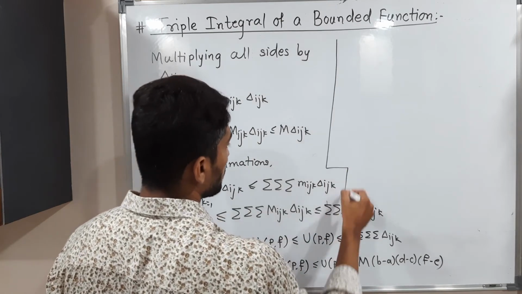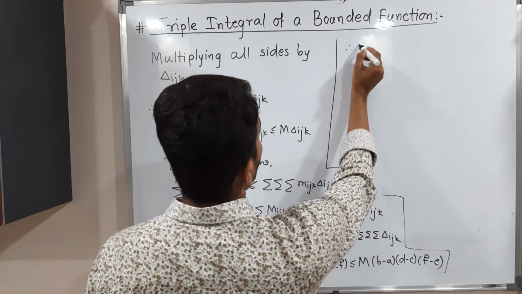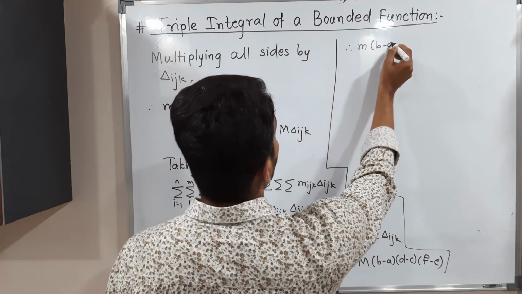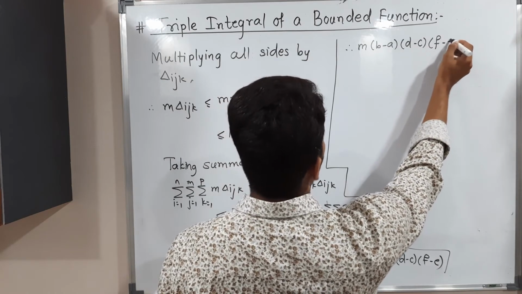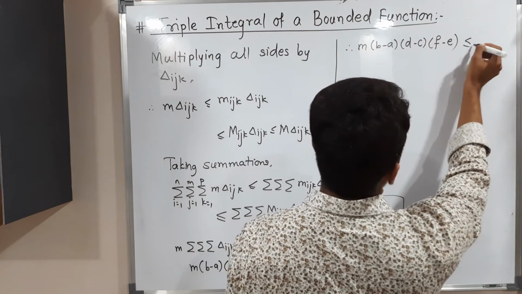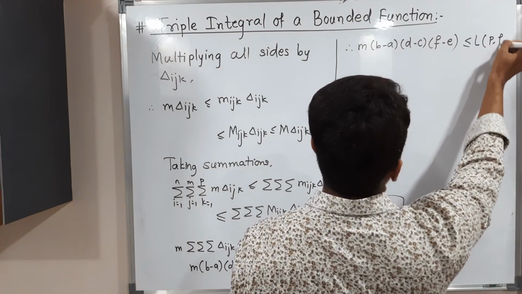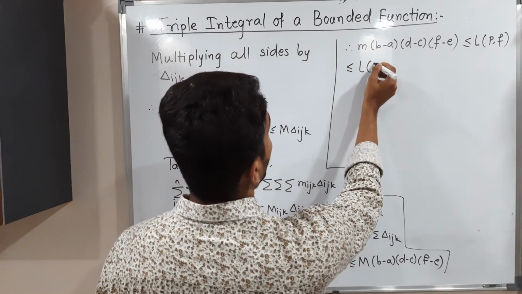After that, just a minute, we have a space here, we can use it. Therefore, m times b minus a, d minus c, f minus e less than or equal to LPF, which is less than or equal to the lower integral.